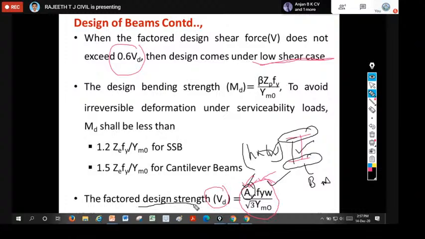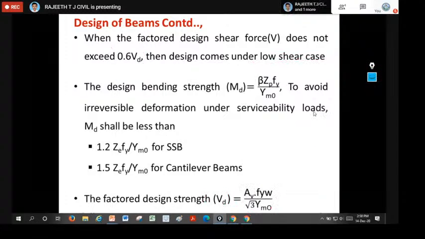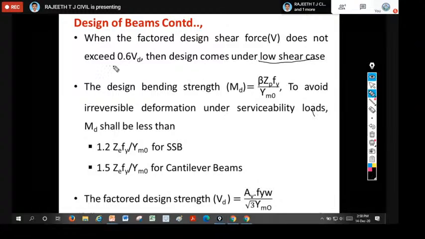This is the design shear strength of the beam. So in this slide we discussed three things: the low shear case and high shear case, the design bending strength of the beam, and the design shear strength of the beam.